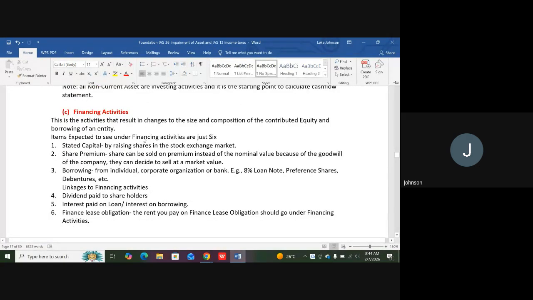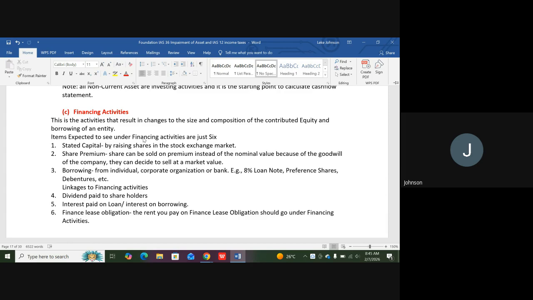How do you finance your project? You have a project to carry on, you need money to execute that project. So how do you raise funds? When you're talking about financing activity, you're talking about the activity that you carried out that enables you to raise funds. So they say these are the activities that result in changes in the size and composition of the contributed equity and borrowing of an entity.